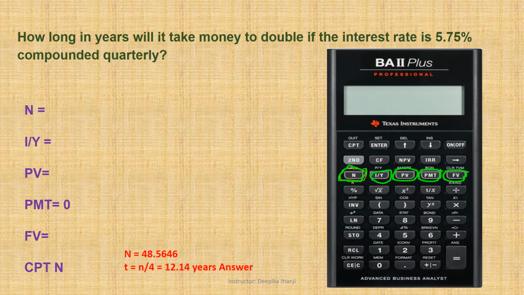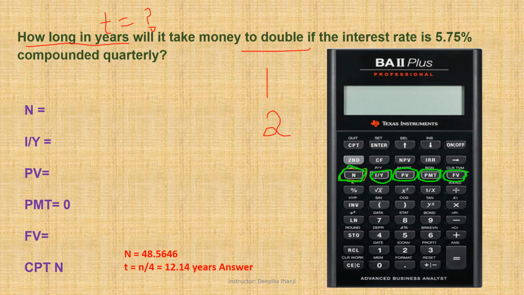Another question, how long in years will it take money to double if the interest rate is 5.75% compounded quarterly? Okay, how long in years? So again we are to figure out time. That is our question mark. Money to double, right? So if the principal is 1, amount should be 2.